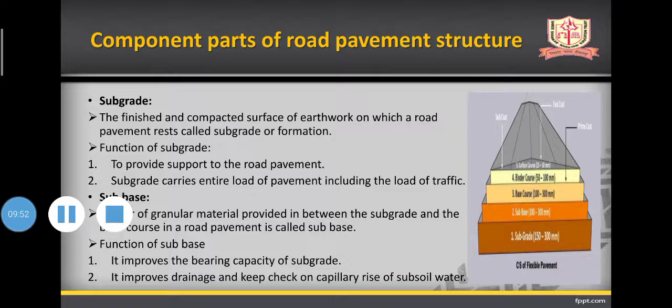If it comes upward, then obviously the different layers will get affected because of the underground water. So to resist that, it should not reach the different layers of our road. We should stop the capillary rise of that water below the subgrade only, or at the subbase part. Because of that, obviously the drainage of our road is going to be improved.